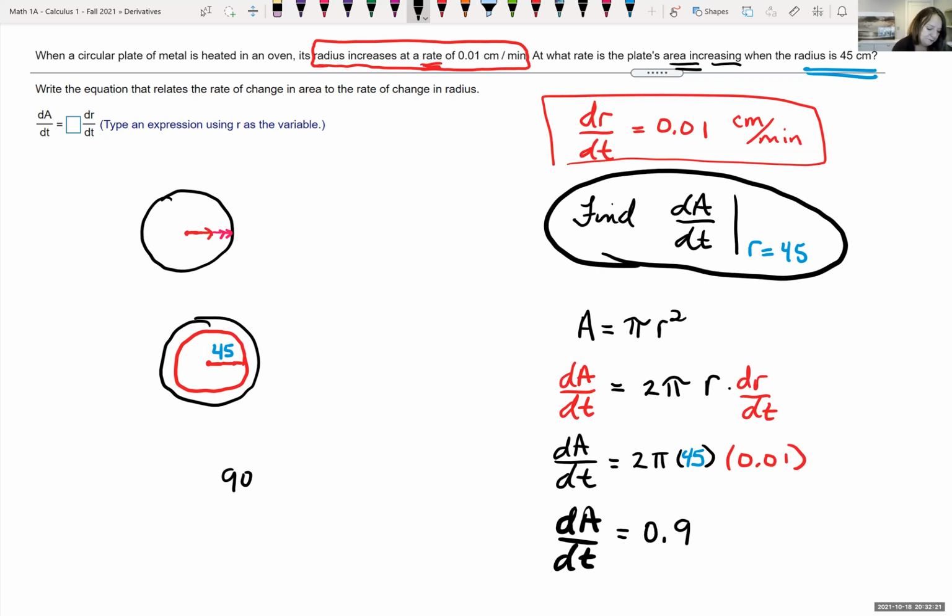Times pi. And our area is growing, centimeters squared per minute.